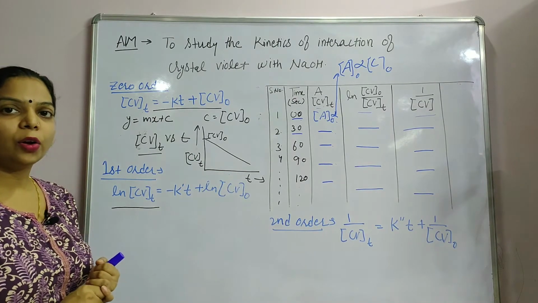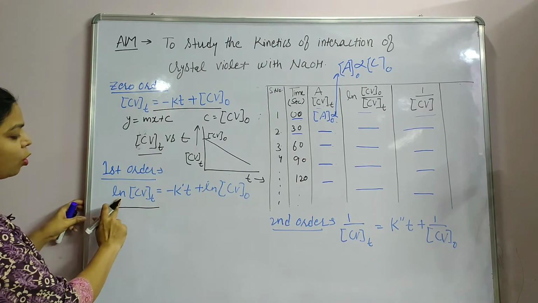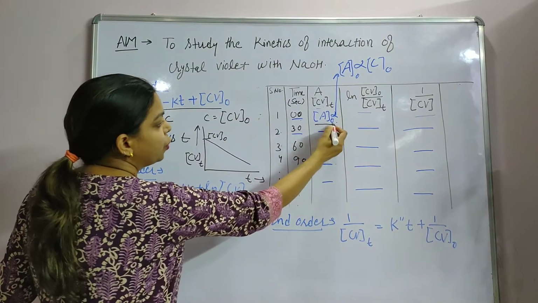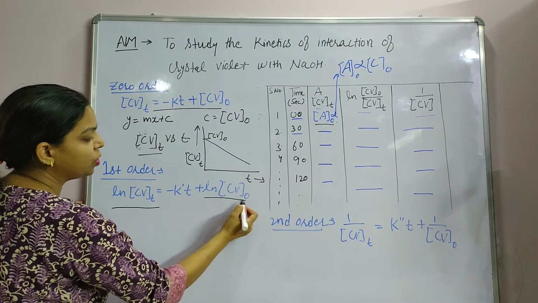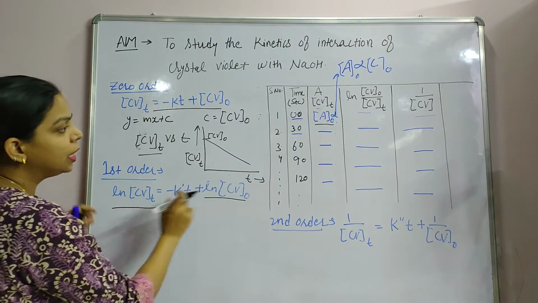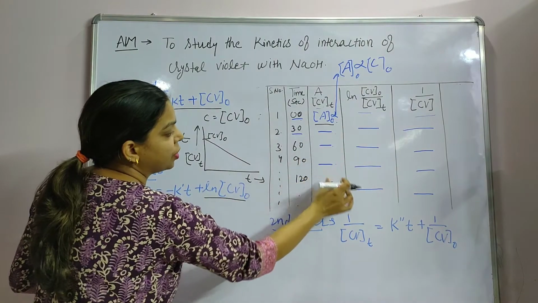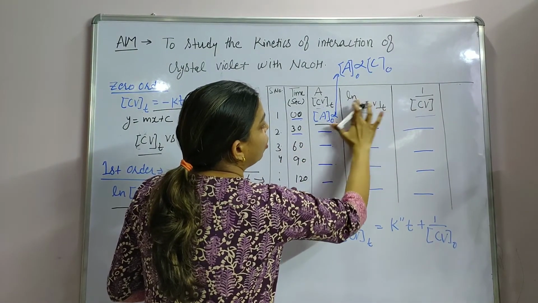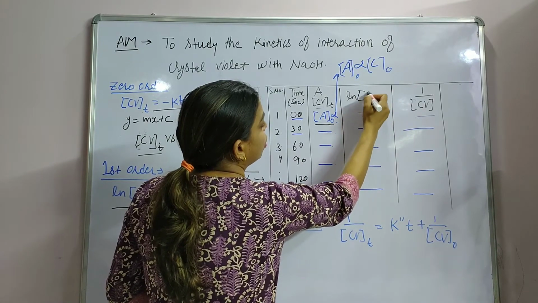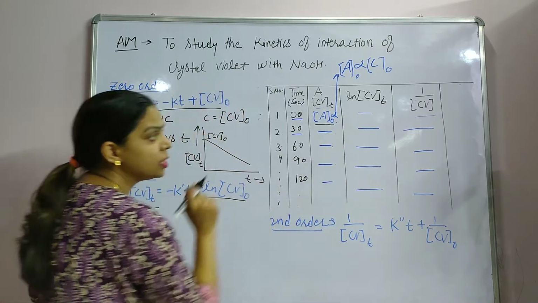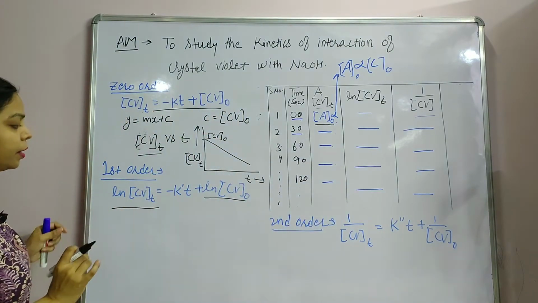So for 1st order reaction, you need log of CVT and log of CV naught. From this concentration you will have log of CV naught, which is constant, and log of CVT. Simply take log of these concentration terms at different times.